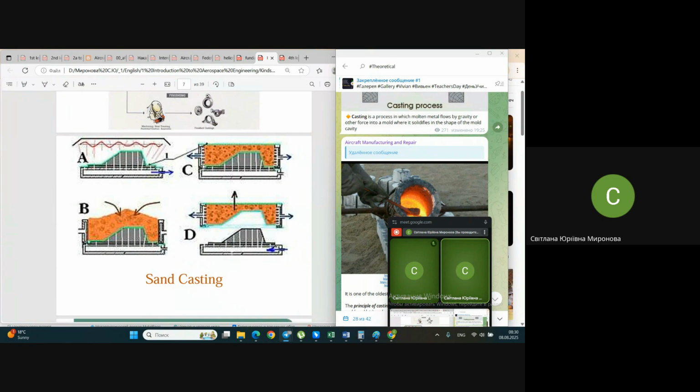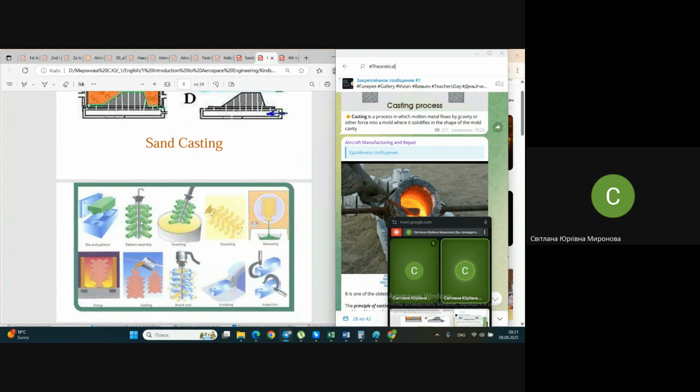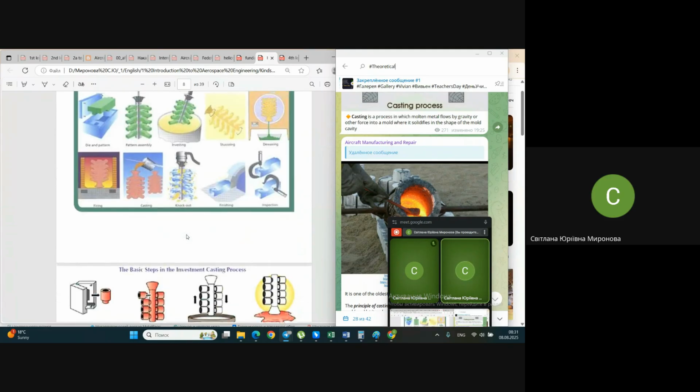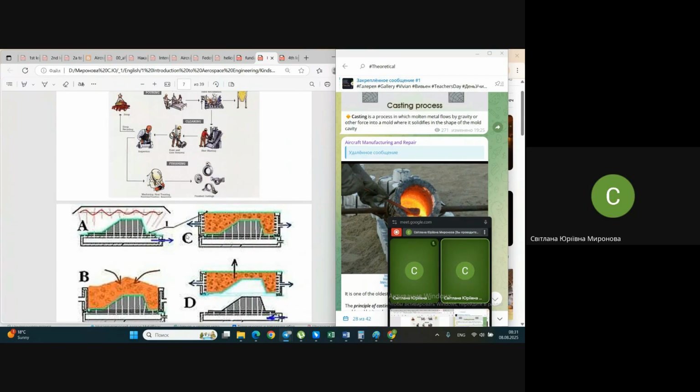But what if the shape is not so primitive, and it is developed in space, and this shape can't be removed directly from the sand mold because it has some complex form. Imagine the statue of a man, a sculpture, for instance, with hands.